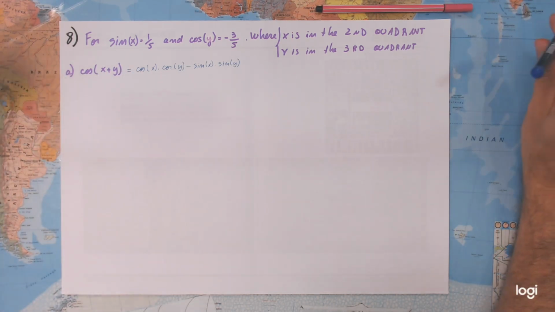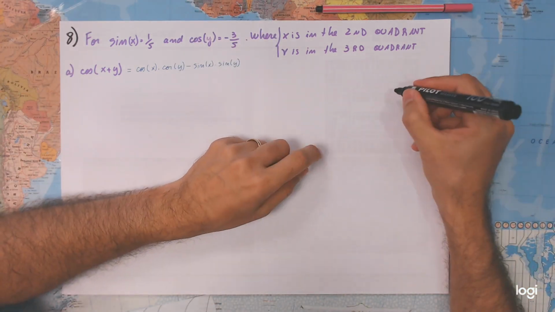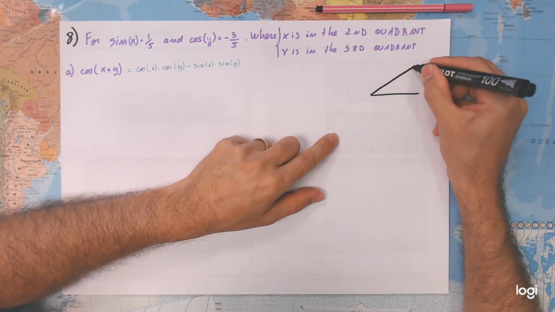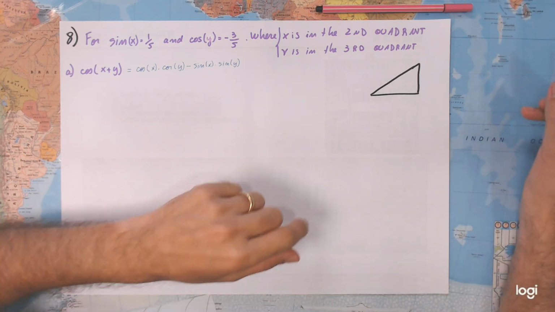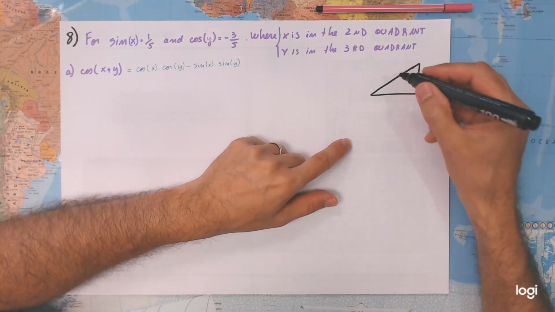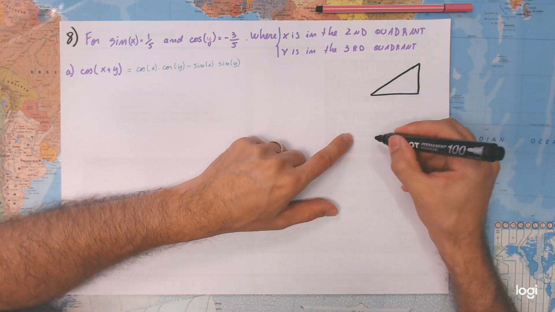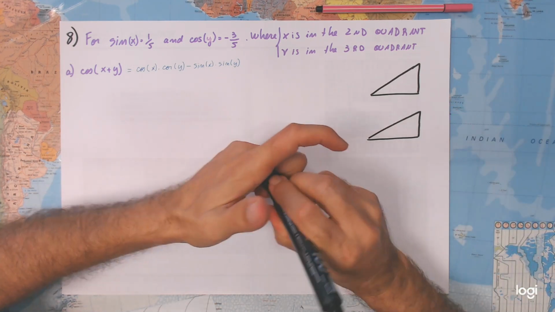How can you do this? The best way to do this, in my opinion, is just this. Let's just build a triangle. This is the fastest way to understand what is going on. Let's build a triangle for one angle, and another triangle for the other one.